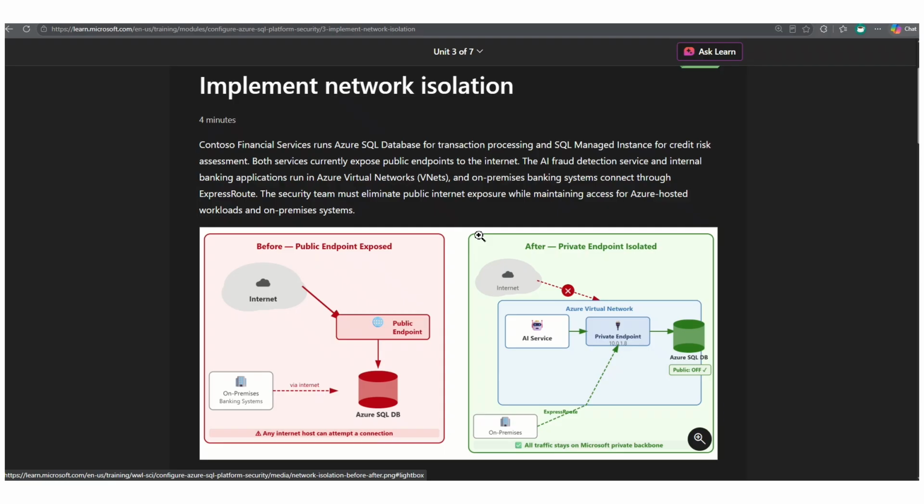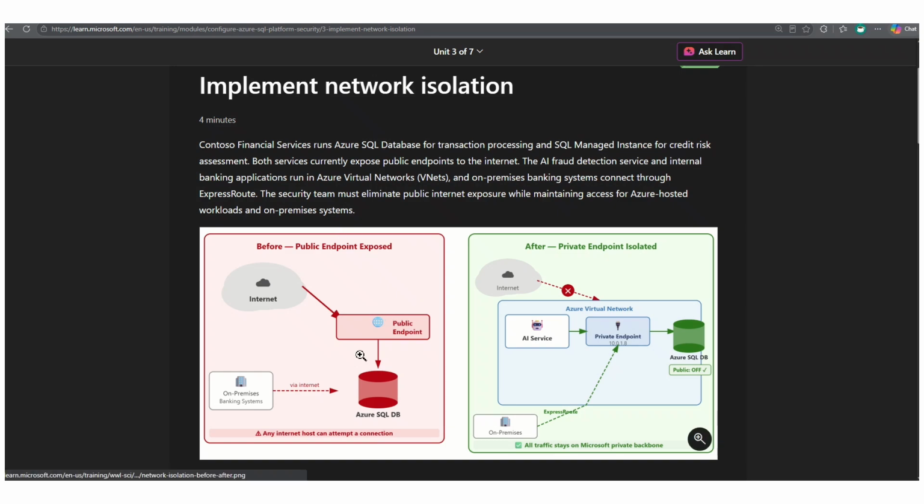The AI fraud detection service and internal banking applications run in Azure Virtual Networks, or VNets, and on-premises banking systems connect through ExpressRoute. The security team must eliminate public internet exposure while maintaining access for Azure hosted workloads and on-premises systems.